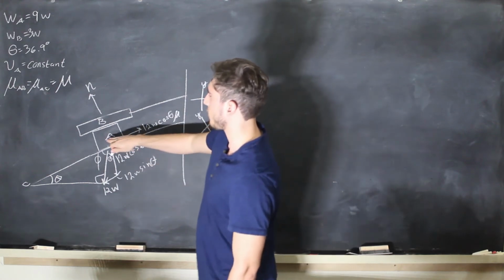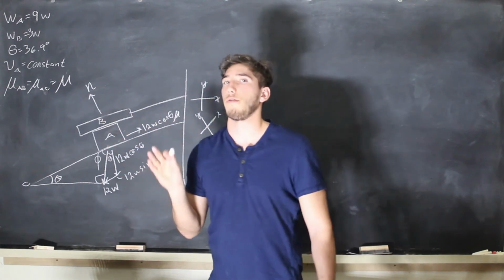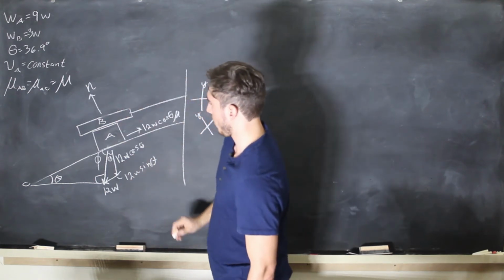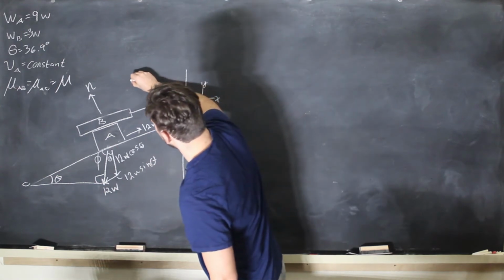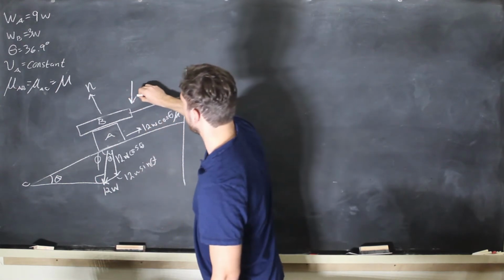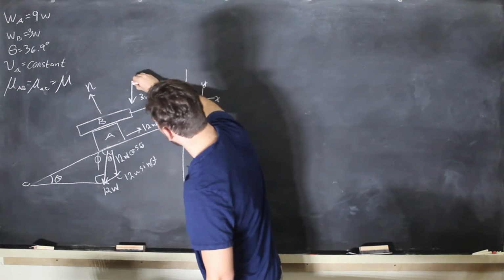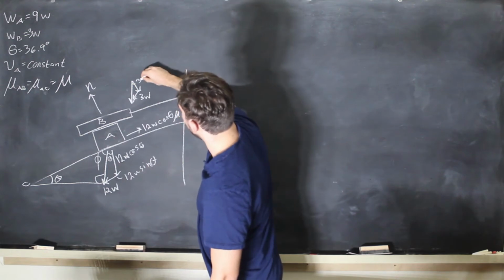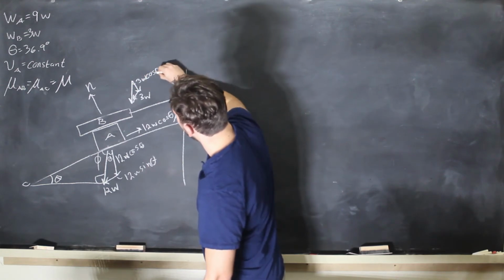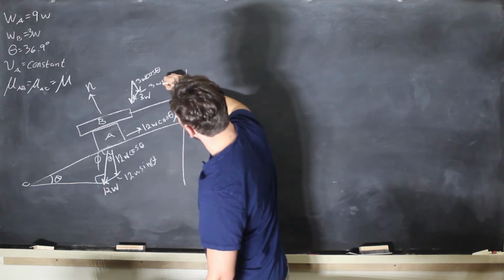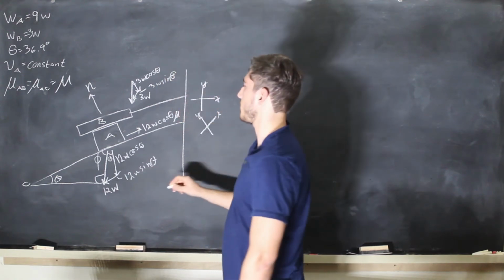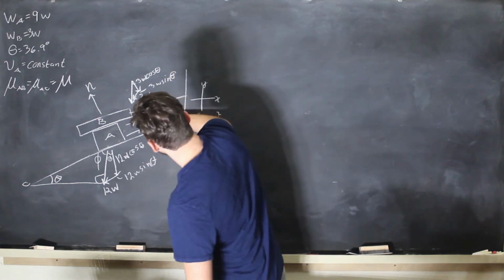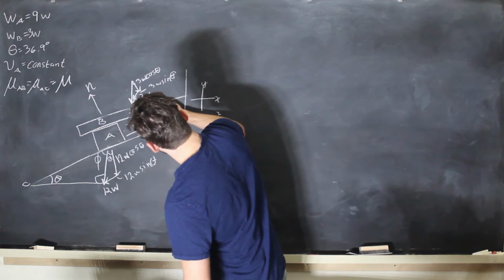So if we treat A as the surface with the coefficient of friction, B exerts a downward force on A, which, since B is straight downwards with 3W, when we make the triangle here, is the same situation: 3W cosine theta and 3W sine theta, which means that the friction force between A and B is going to be 3W cosine theta mu.